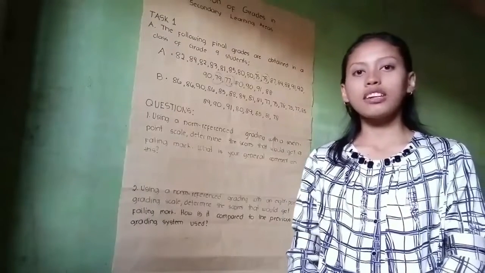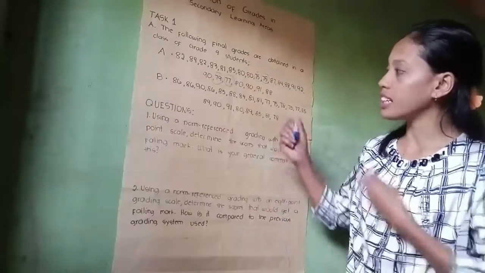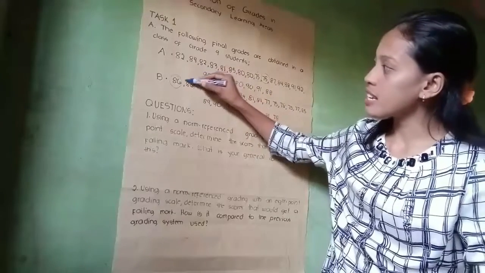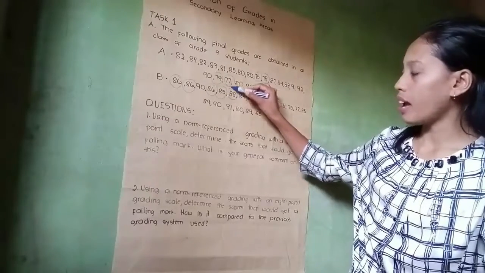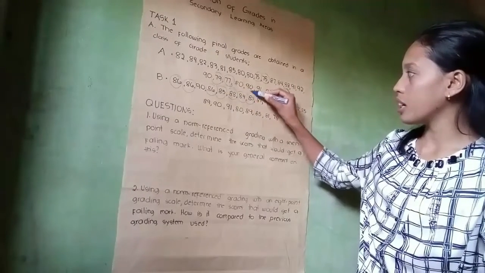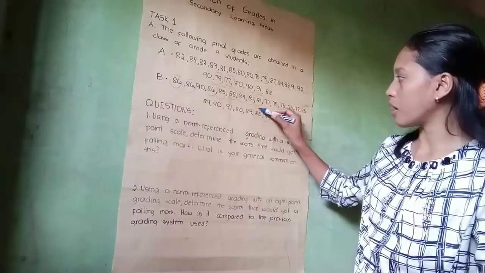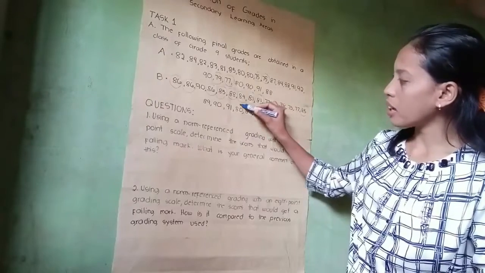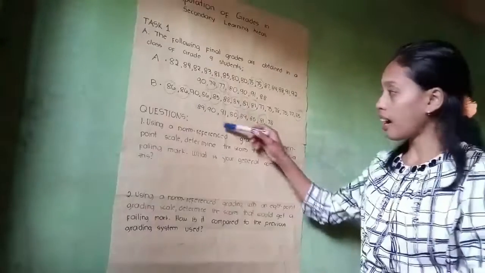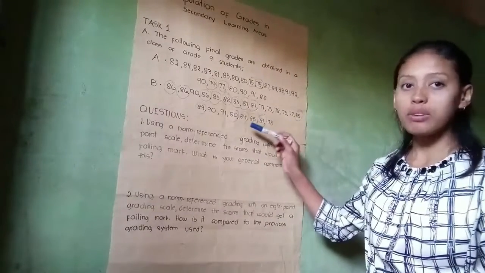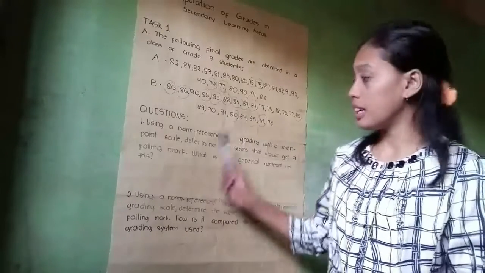So, first, let's determine the 8-point grading scale in set B. These are 86, 86, 86, 85, 88, 84, 81, 81, 85, 81, 85, 89, 80, and 89. The lowest grade is 80. So for me, the failing mark is 80.